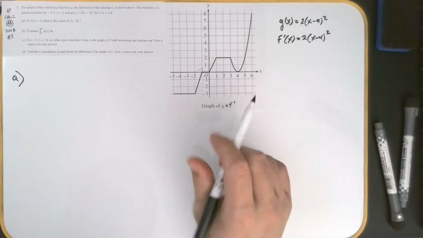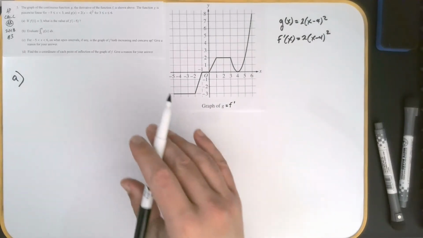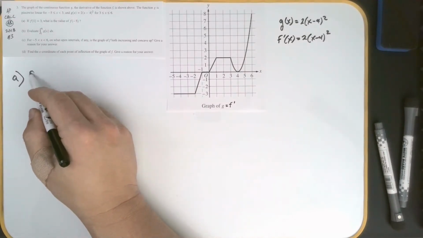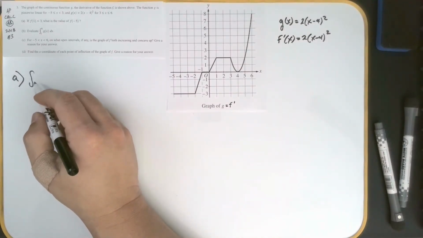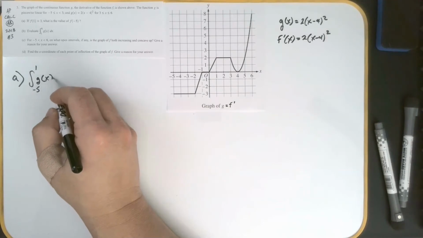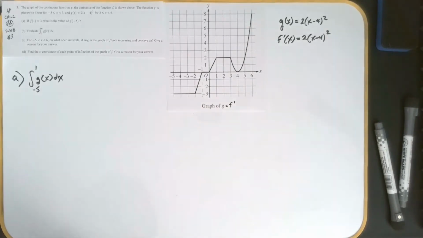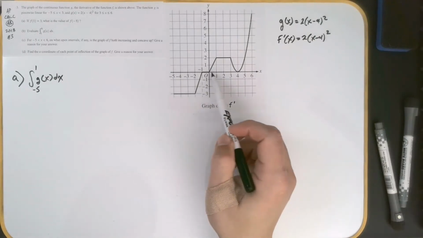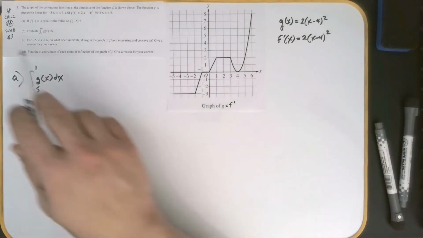Find it with geometry, find it with the fundamental theorem, and let's see what happens. So I'm going to write this 2 different ways. You could say to yourself, well, I'm going to integrate from -5 to 1 of g of x dx. So that would be the area under the curve. It's negative here, but from -5 to 1, because they give us these values.